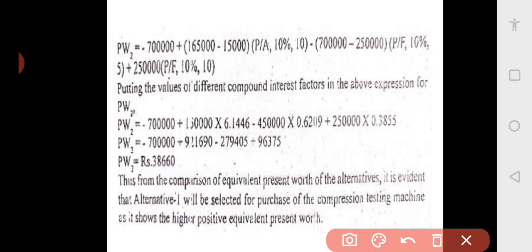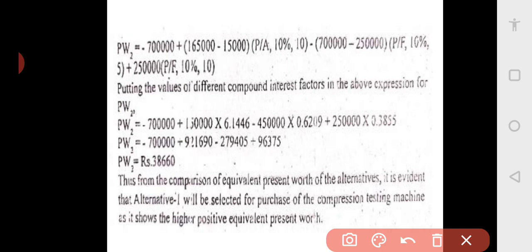So present worth 2 is equal to minus 7 lakhs plus 9,21,000 minus 2,79,000 plus 96,000. So the present worth of equipment 2 is 38,660, whereas the present worth of the first was more than 90,000 rupees.